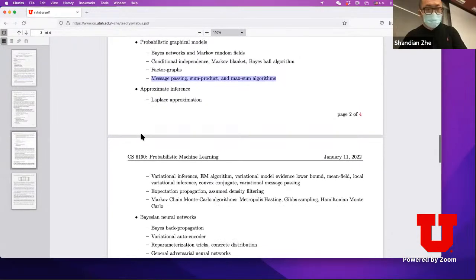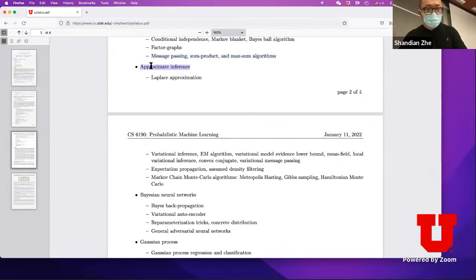Then we'll talk about approximate inference, right? As we just mentioned, calculating the posterior distribution with the Bayes rule is really infeasible. We have to seek some approximate techniques.